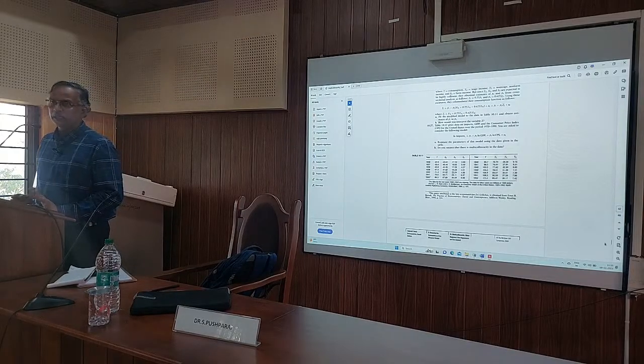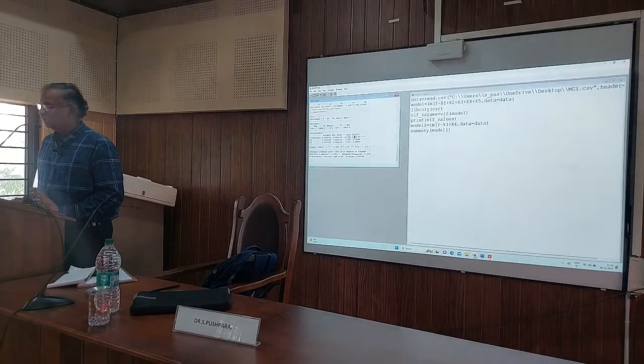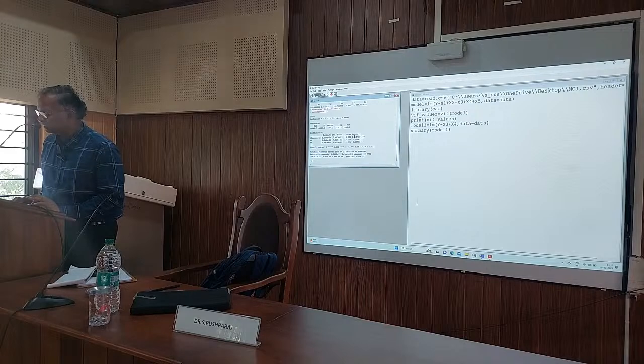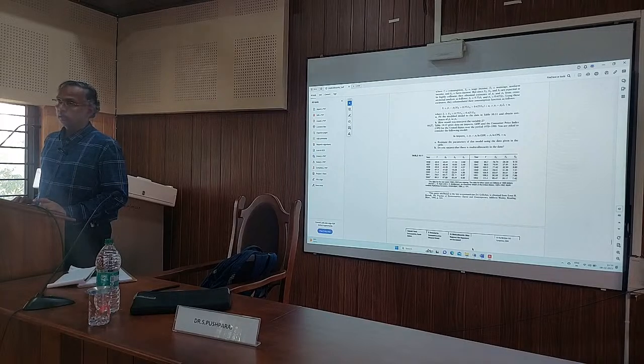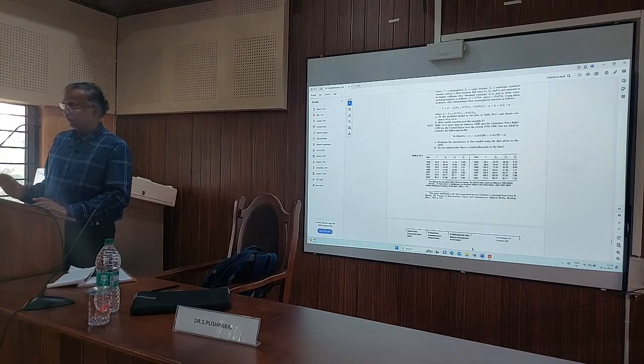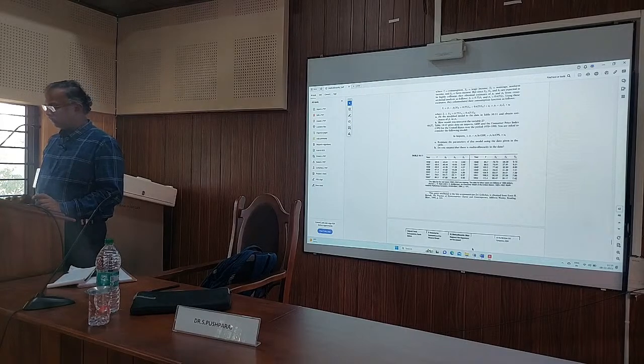They have diagnosed it and modified the model accordingly. But somehow we have missed something, because after diagnostics the value should not change much. This R squared should not change much, but in our case it's changing drastically. Another thing, we have to check with the theory also. Anyway, this is how we will diagnose the problem of multicollinearity.